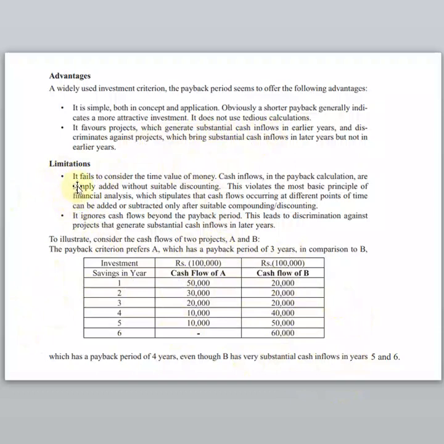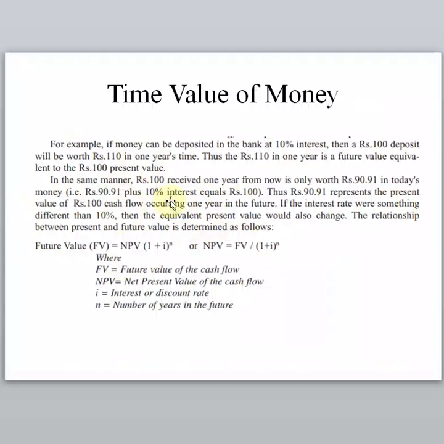Now here there is a concept of time value of money. Before going to the limitations, we are going to see what the time value of money is. Basically, the time value of money is the present and future value of money. For example, suppose you are investing 100 rupees in a bank at an interest rate of 10% for 1 year.